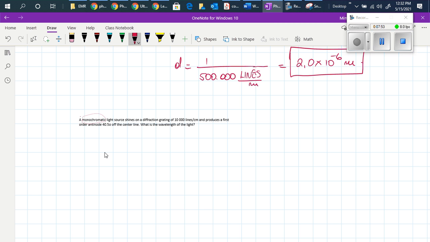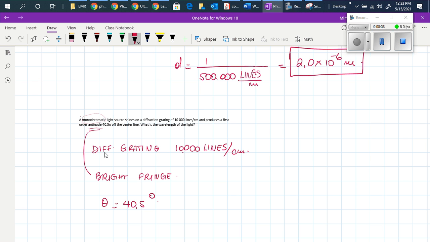And we have a diffraction grating of 10,000 lines per centimeter, and they are producing an antinode, meaning a bright fringe, with an angle of 40.5 degrees on the first one.